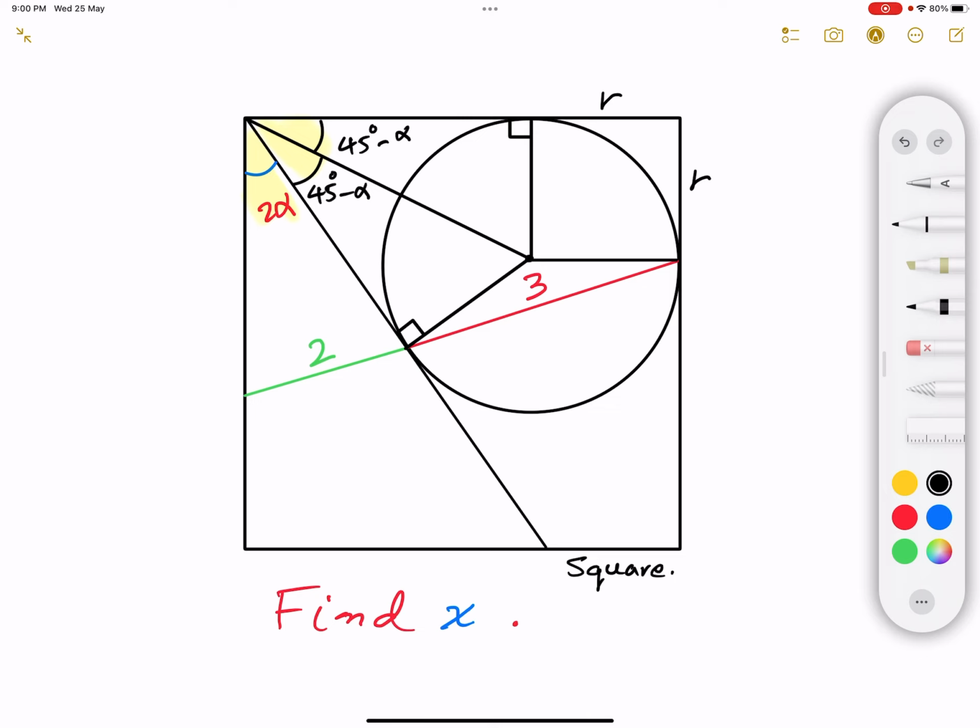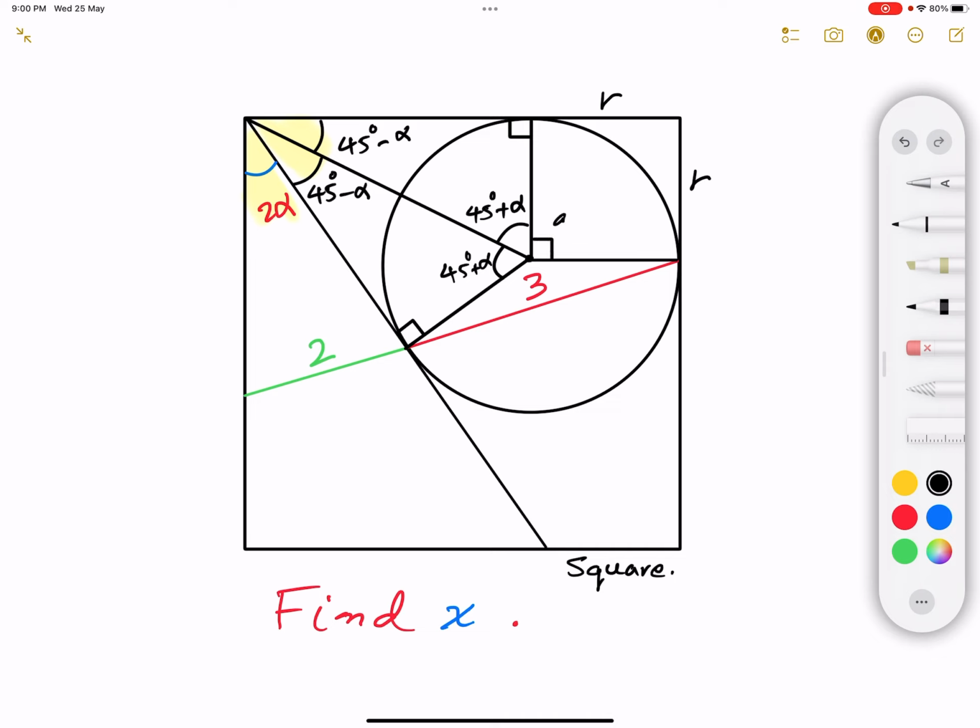If this is 90 degrees, that makes this angle here 45 degrees plus alpha. And of course this angle, which is equal to that, is also 45 degrees plus alpha. And we know that this is also a right angle.